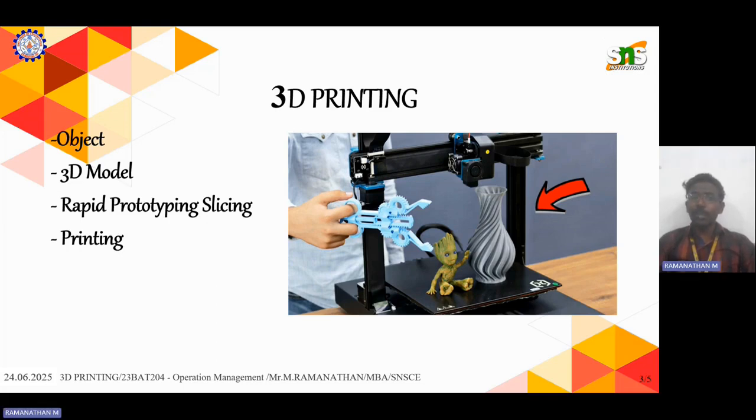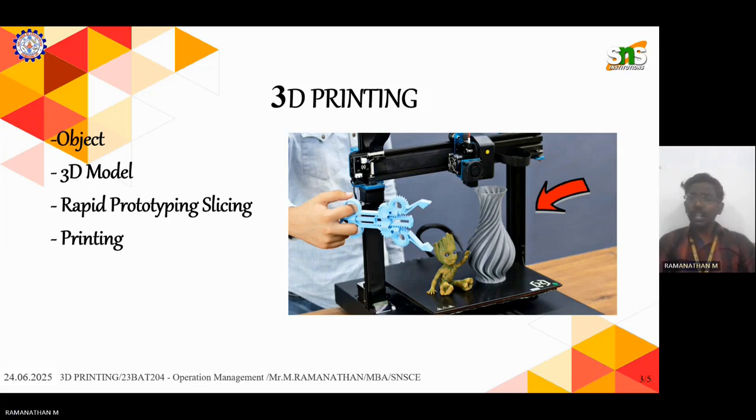So rapid prototyping slicing is an important feature of 3D printing, because it is a continuous process, and layer by layer the object or product is built. We call that rapid prototype slicing. Slicing is nothing but making the prototype layer by layer.